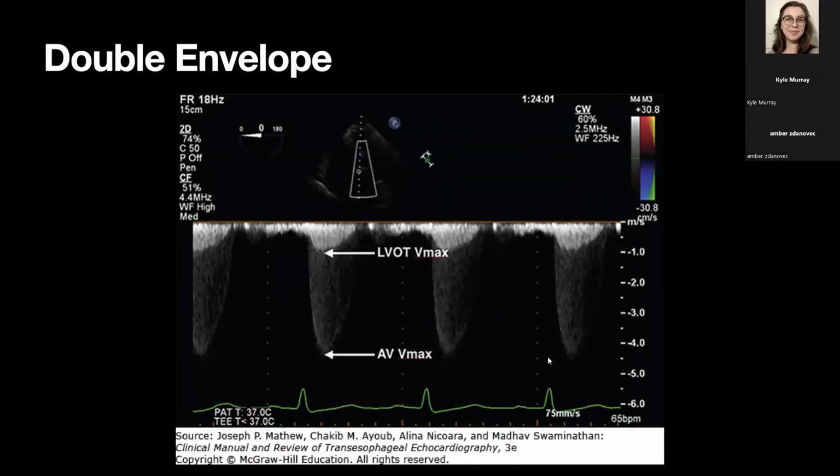So this is really useful if someone's in AFib, for example, and you want to make sure you're getting values from the same stroke volume, essentially the same instance of systole. Or if you're just really struggling to see where your aortic valve is, sometimes this can be helpful too, because it's hard to place your pulse wave Doppler gates.